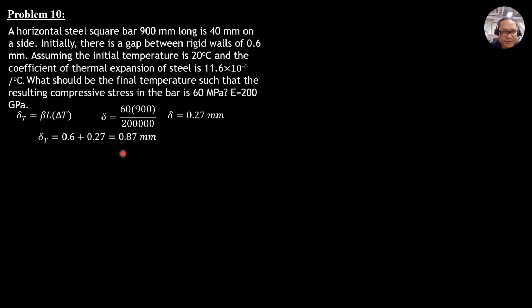The temperature should increase so that the bar will expand. So the deflection due to thermal expansion, 0.87, equals beta, 11.6 times 10 to the negative 6, times 900 mm times delta T. So delta T is 83.33 degrees Celsius.